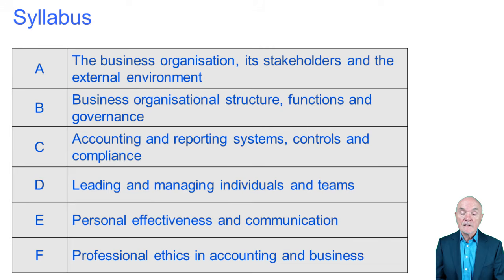Personal effectiveness and communication. For example, one of the reasons we like going to work is that we learn. We learn from watching people. We learn by experience. We learn by going on courses. We learn how to manage our own time, to prioritize tasks. We learn how to maybe give criticism, and perhaps give orders.